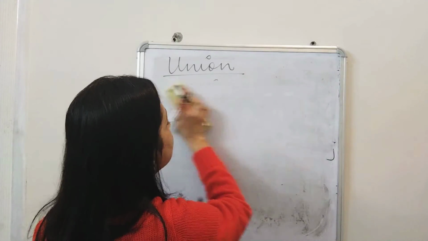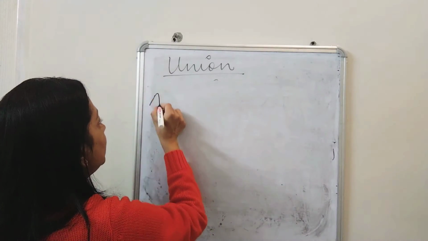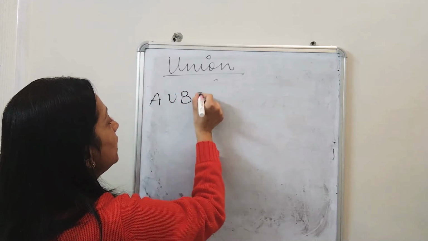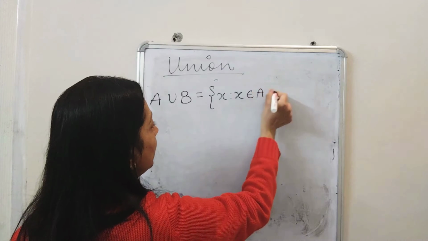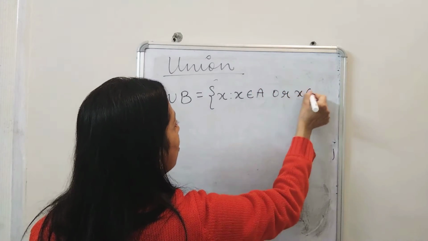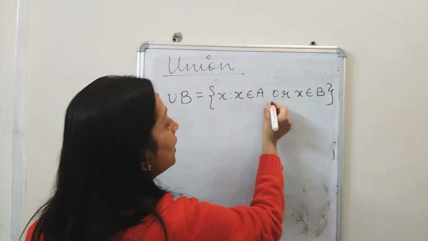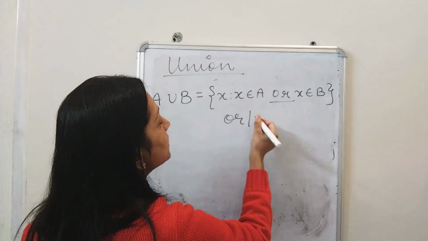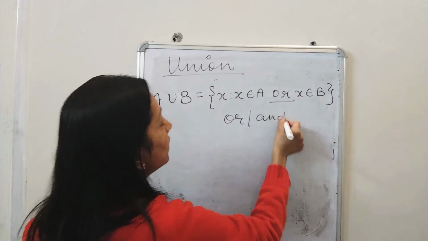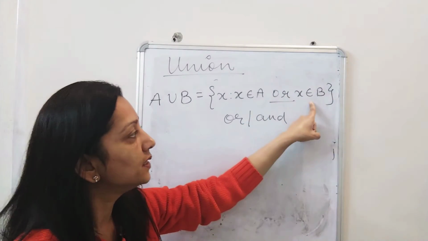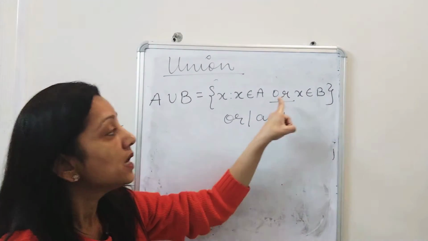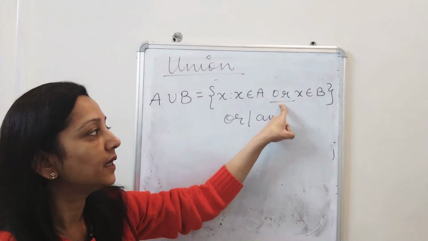So if I state it in terms of property, A union B is a set of X such that X belongs to A or X belongs to B. Here OR is in the sense of OR and AND. Why? Because X contains all those elements which belong to A, and X contains all those elements which belong to B. If there are common elements, then I can say AND here.